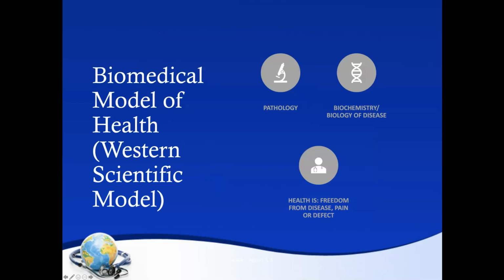And so if we were to break it down, these are the core elements. It's based on something pathological going on in your body. There's a focus on biochemistry or the biology of disease. And their model is health is freedom from disease, pain, or defect. And it doesn't take into consideration any of the socioeconomic factors, environmental factors, individual subjectivity, and it's not a multidisciplinary approach.